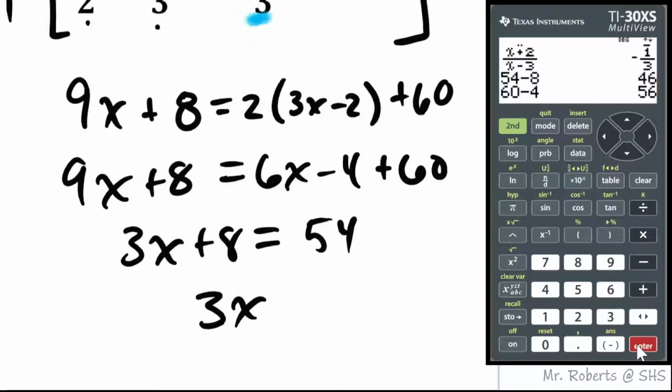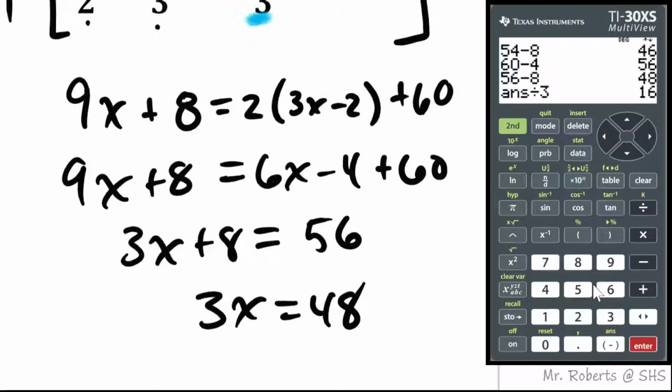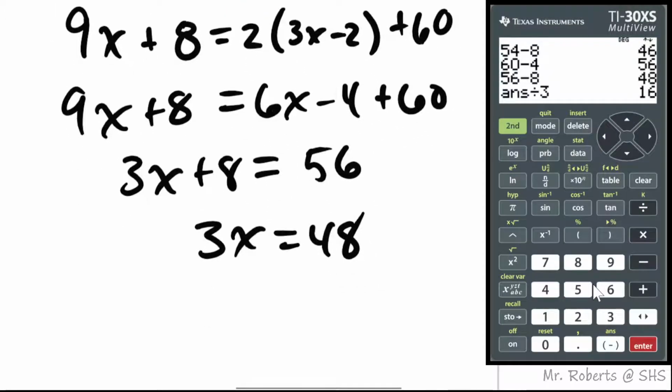Boom. That's embarrassing. So this is actually 56. And then I've got 56, and I'm going to subtract from that the number 8, and that's 48. And 48 divided by 3 ends up being a nice result at 16. So we've got x should be 16.